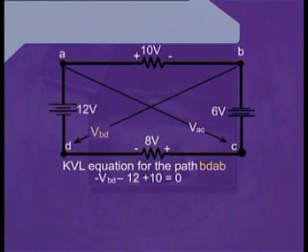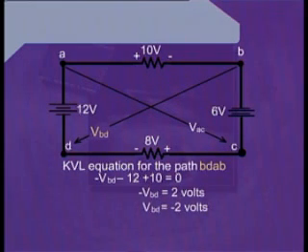Simplifying it, we write minus VBD is equal to 2 volts, or VBD is equal to minus 2 volts, or once again we can write the expression for the voltage the other way round, that is VDB, and that will be equal to 2 volts.